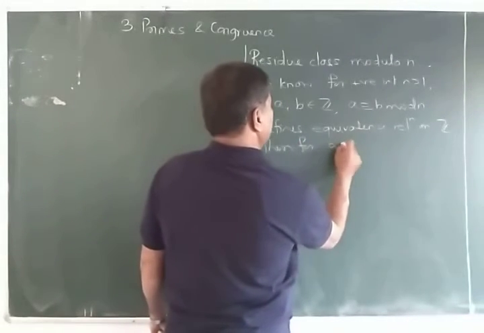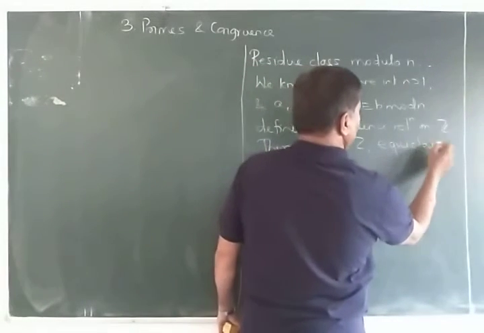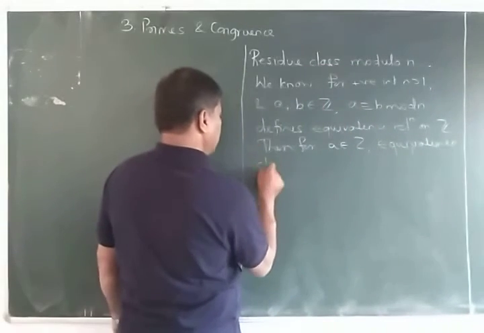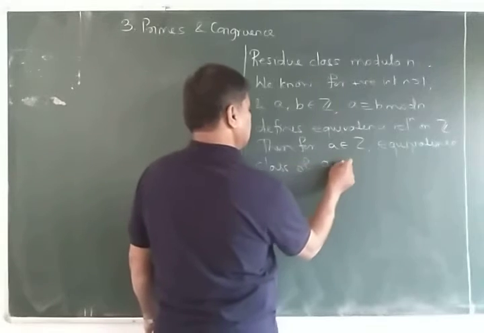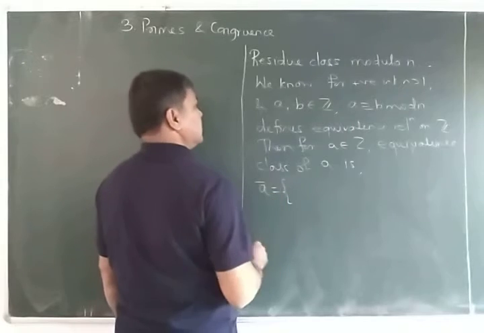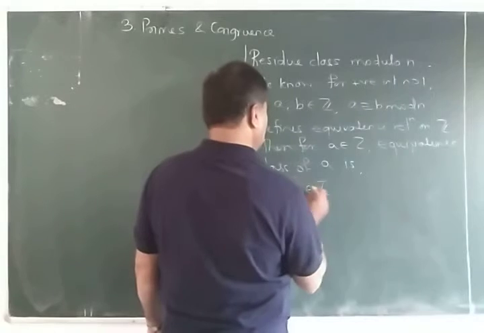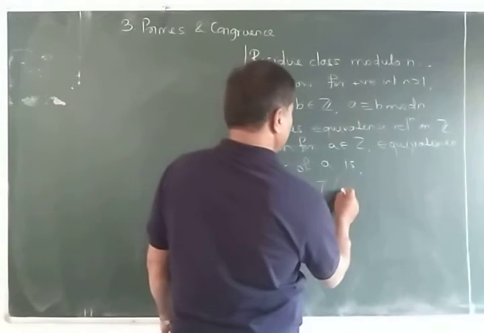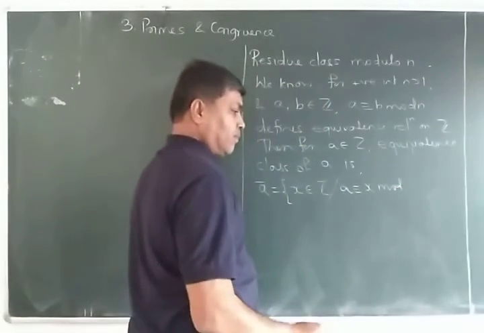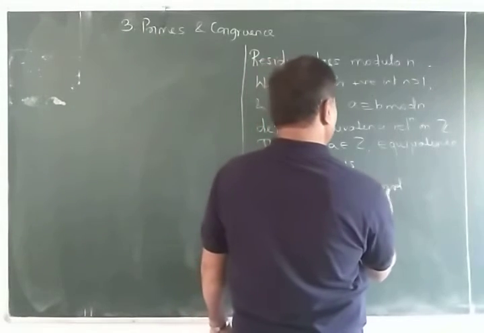for a belonging to Z, the equivalence class of a is a bar, equal to the set of x belonging to Z such that a is congruent to x mod n, or I can take x is congruent to a mod n.